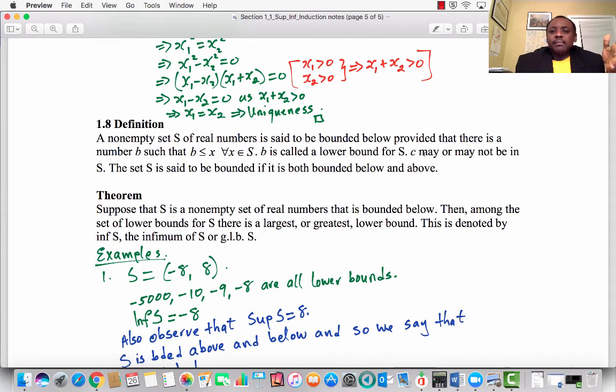So B may or may not be in S. The set S is said to be bounded if it is both bounded below and bounded above.